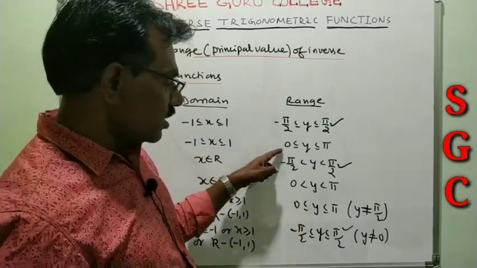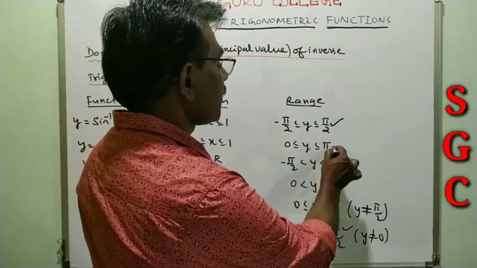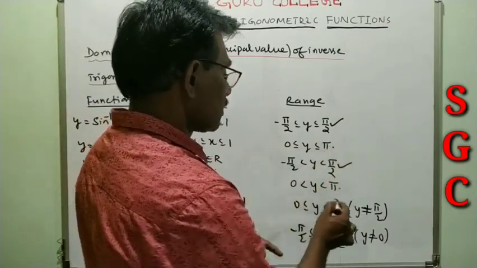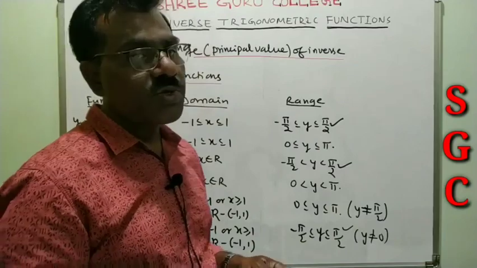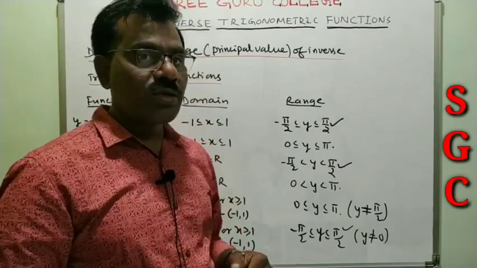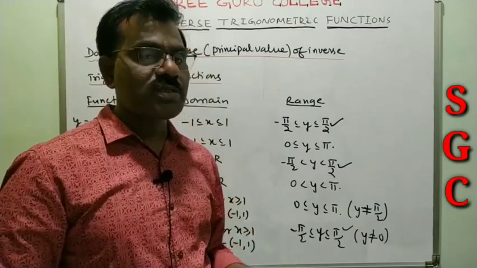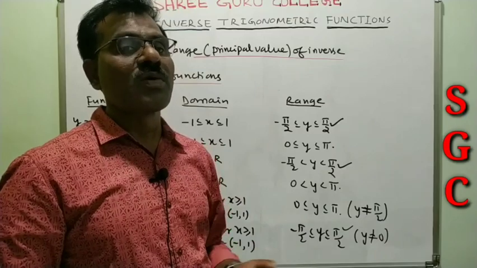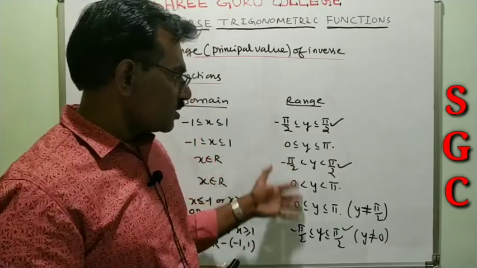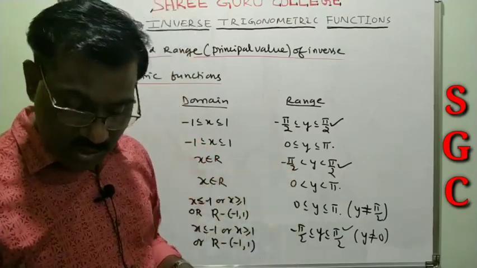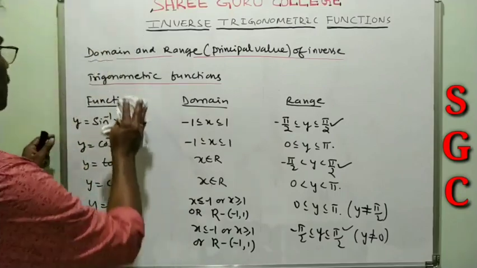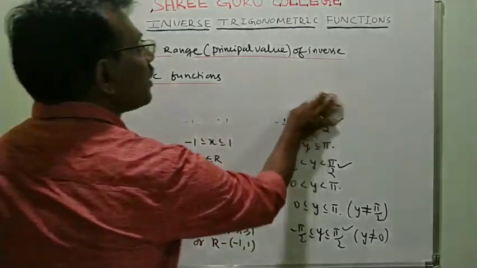But for the remaining 3, the range is always positive only. Even if a negative domain is given, you make the range positive only. These are the 6 inverse trigonometric functions and their domain and range.